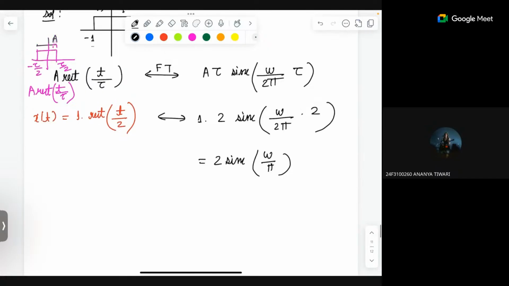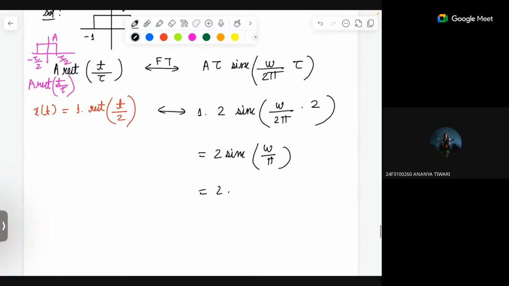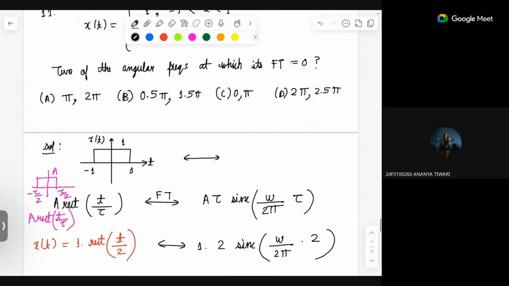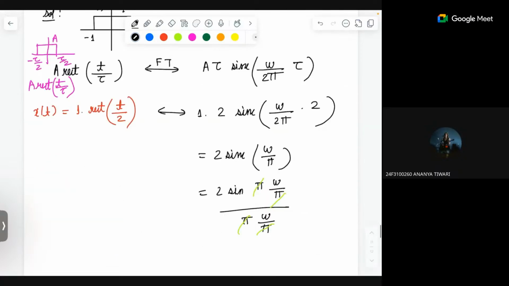Now sinc is sine pi theta upon pi theta. Now when we put omega equal to 0, we will get a 0 by 0 form, and ultimately the value is not 0 at omega equal to 0.